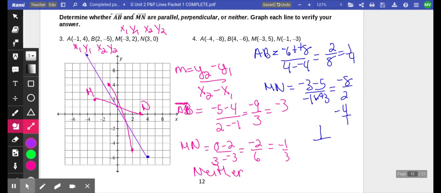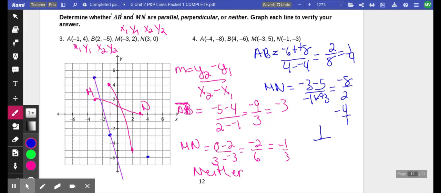And then I graphed that top line wrong. Sorry about that. Let me fix that because I'm looking at it and I'm going, those two lines aren't perpendicular. But I graphed that top line wrong. So let's fix that.